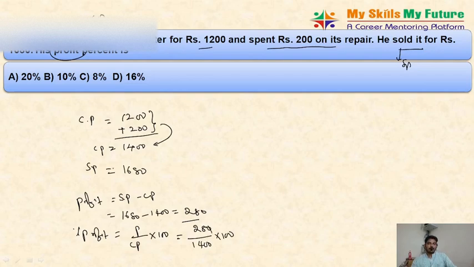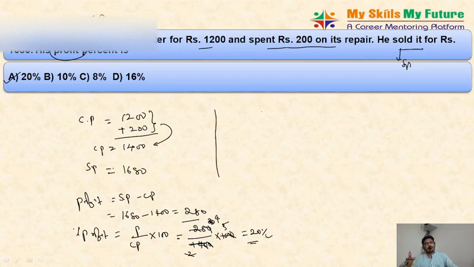If we eliminate the common zeros, this 0 0 and this 0 0 are eliminated. Then 7 twos are 14 and 7 fives are 35, and cancelling, 4 into 5 is nothing but 20 percent. So the profit in the transaction will be 20%.